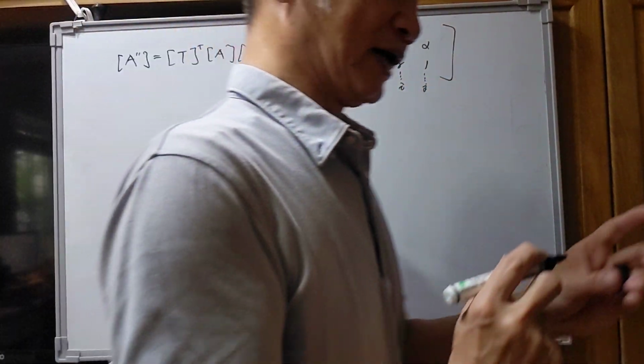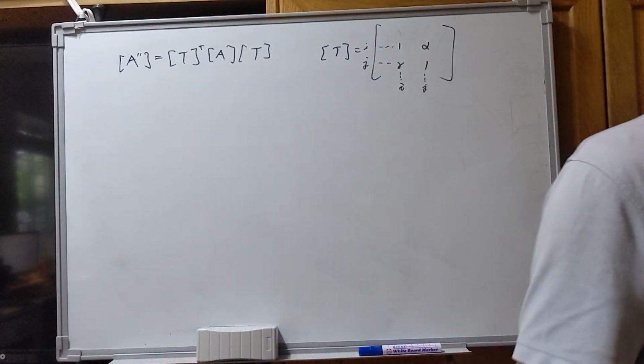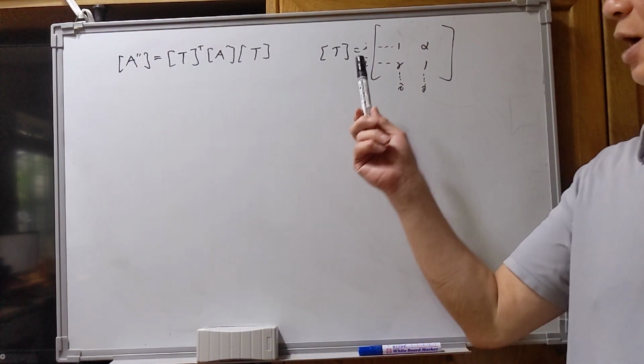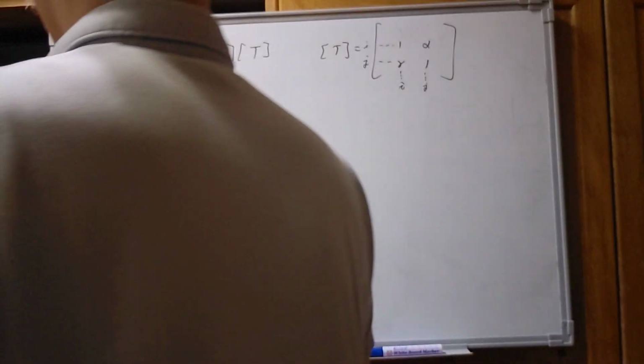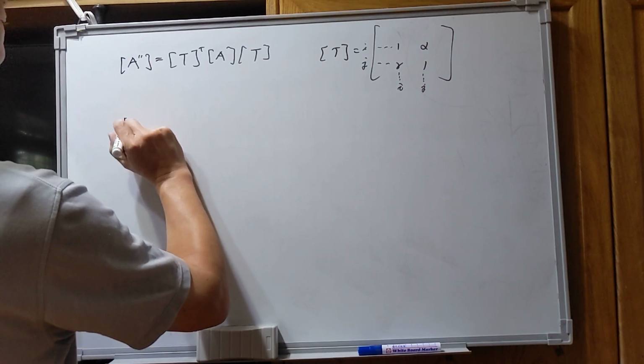All other diagonal elements are equal to 1s, and all other off diagonal elements are equal to 0s. And we can calculate the A prime first.